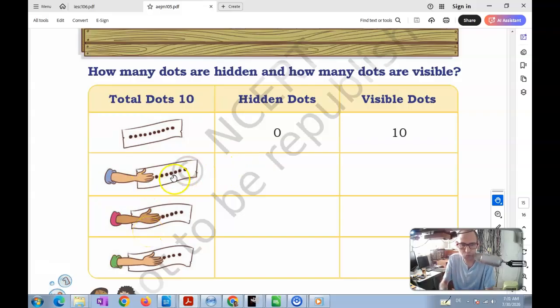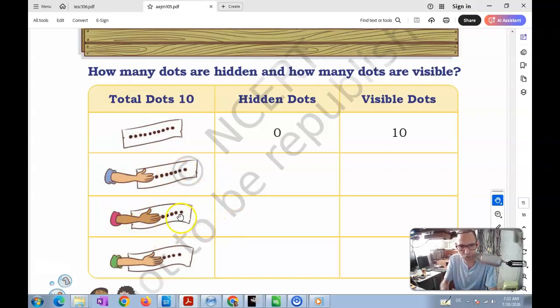To know how many, you can use subtraction, meaning that you can still count the number of dots that are visible. So that's a 3, a 6, and a 7. 7 dots are visible, right? So if you write, and you know that there's originally 10 dots on the strip, then 10 minus 7 would be 3, which means that this person has hidden 3 dots under their hand.